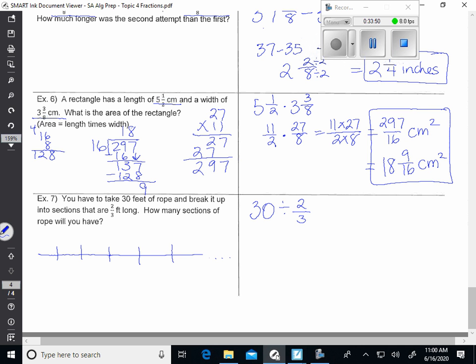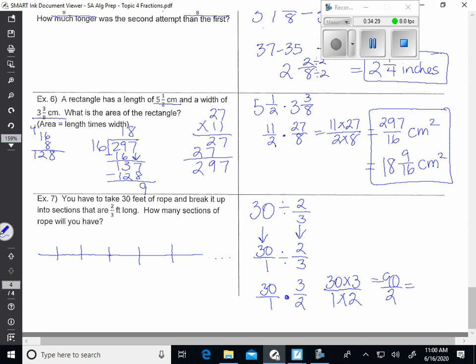So remember, before you do anything, make that whole number a fraction. It's a division problem. So keep the first fraction, change division to multiplication, and then you flip the second fraction. So you have 30 times 3, which is 90. 1 times 2, which is 2.